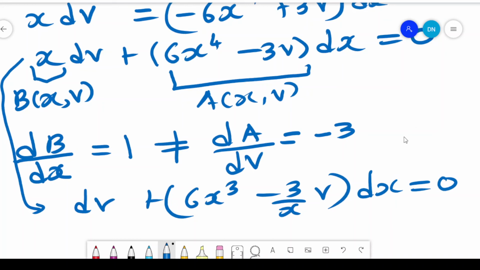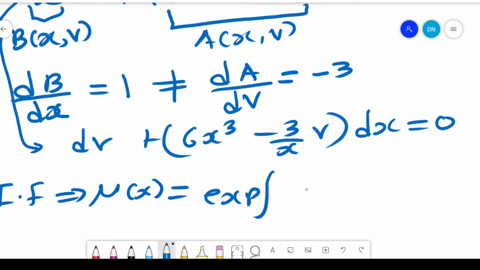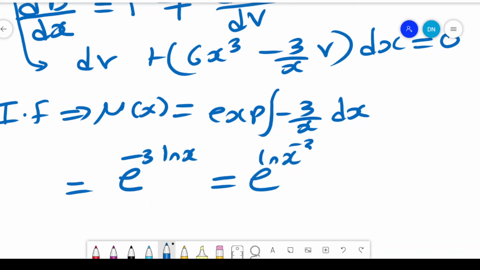Why did I write that? Because I'm writing my integrating factor as a function of x. Therefore my integrating factor, mu(x), is equal to the exponential of the integral of -3/x dx. That becomes e^(-3 ln x), which is e^(ln x^(-3)), which is x^(-3), which is 1/x^3.